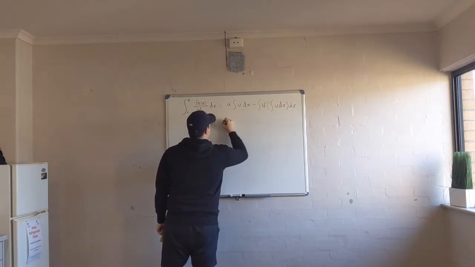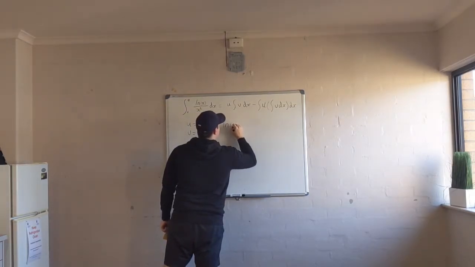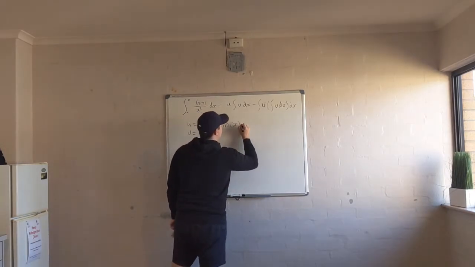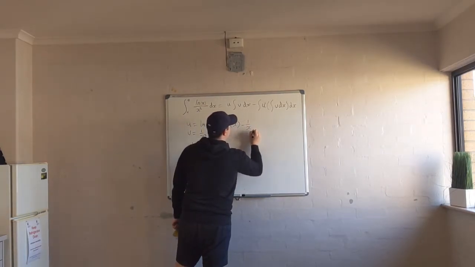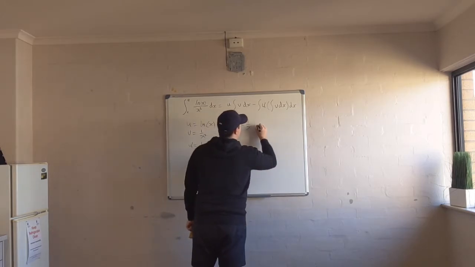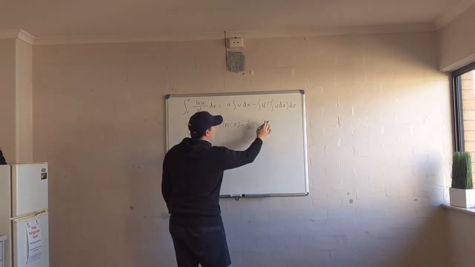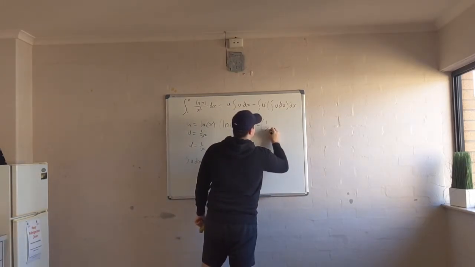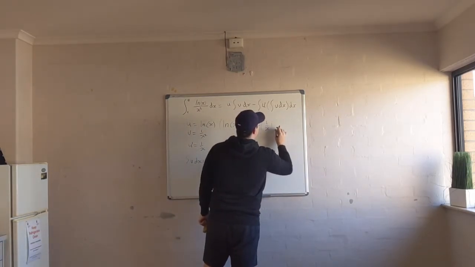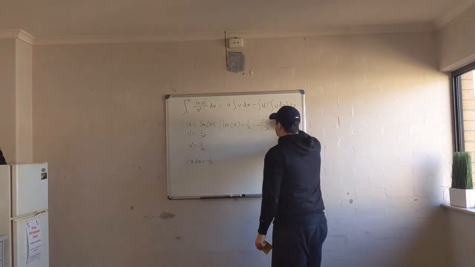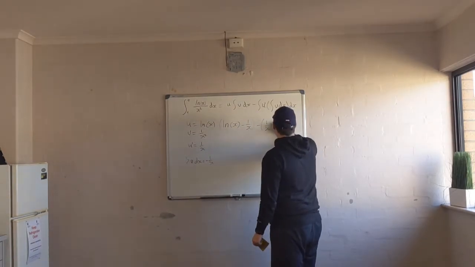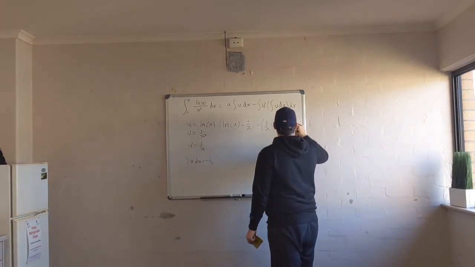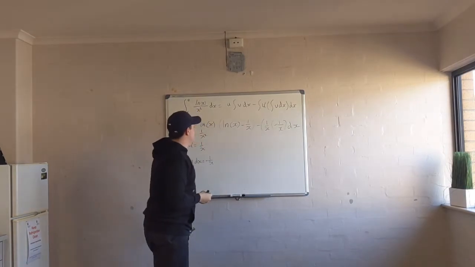So natural log of x times negative 1 over x, brackets, minus the derivative of u, 1 over x, and then again the integration of v, which is negative 1 over x. Cool. And then just simplify.